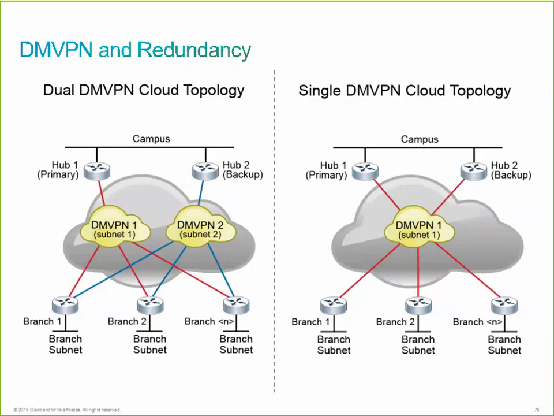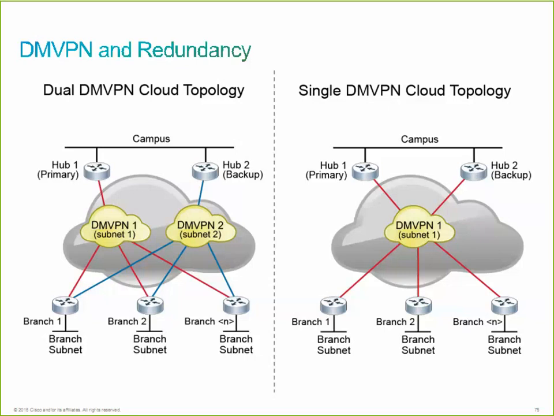But typically, for most typical deployments, you're going to have a dual hub deployment. In both topologies, 2 hub routers get deployed for redundancy. We're trying to provide high availability by using a second hub router, which could be in the same DMVPN subnet as the primary. That's our single DMVPN cloud topology. Or the second hub router can have its own DMVPN subnet, which is our dual DMVPN cloud topology.